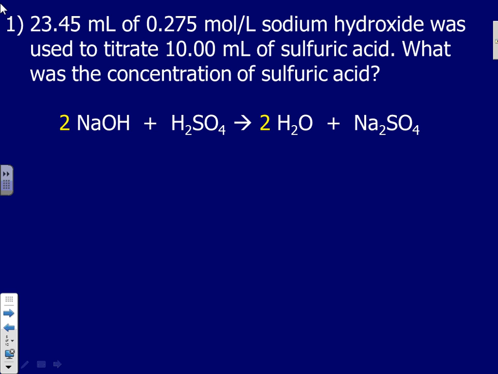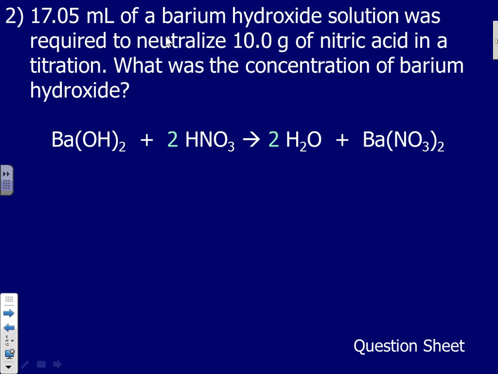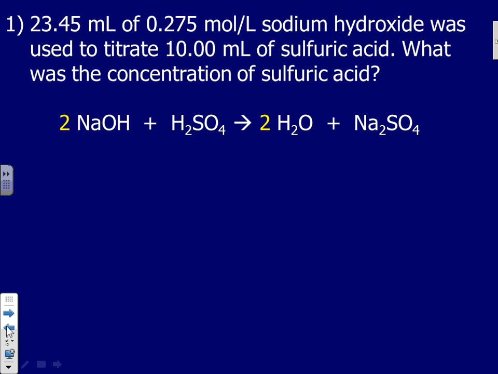So now we're going to get ready to calculate. Notice that we have concentrations in moles per liter. So we're going to be using our equation, molarity, capital M, equals moles over liters.